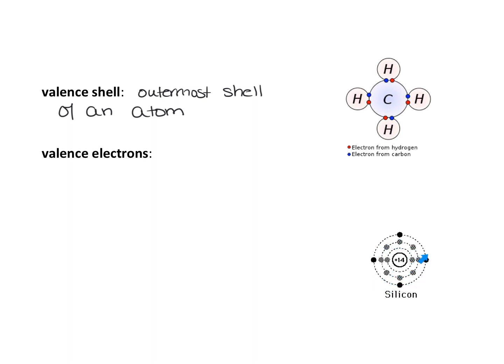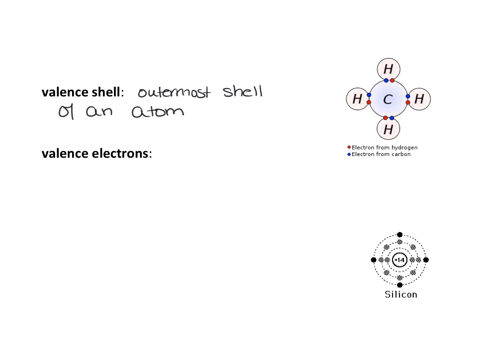And then this outermost shell, where these four electrons are darker than the electrons in these other shells, is called the valence shell. And the reason that's interesting is because the electrons in that shell, called valence electrons, play a role in bonding. And that's what we're interested in chemistry.